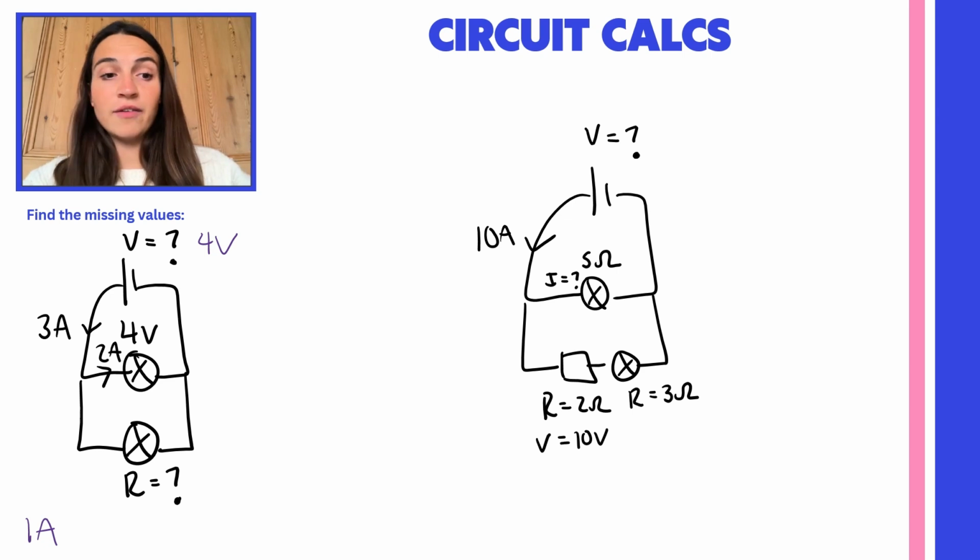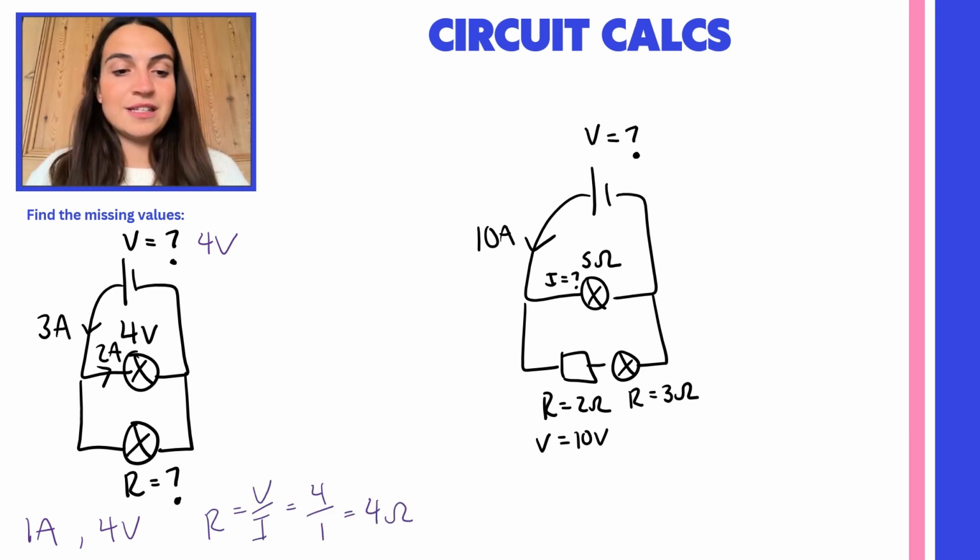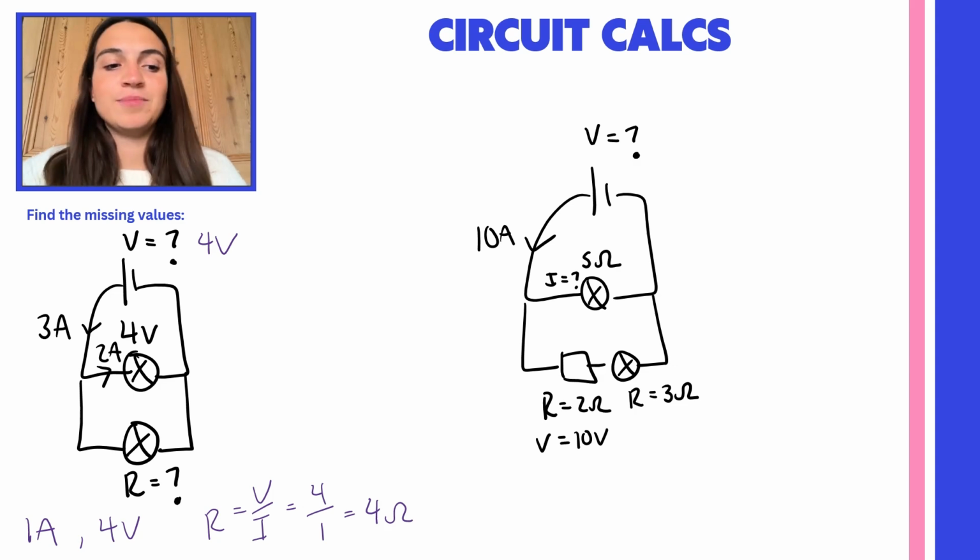Good, so I've got its current. Can I know its voltage? Well, yes, I can, because that bulb is the only thing in its branch, and each branch is going to receive 4 volts here. There are 4 volts over that bulb. Okay, so then to work out the resistance, I just need to do resistance as voltage over current. 4 divided by 1 is 4 ohms.